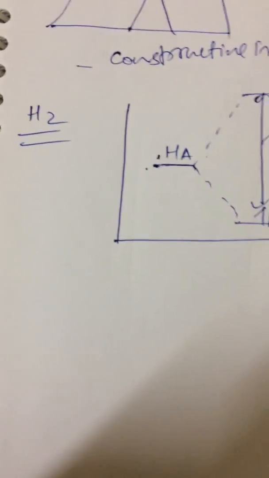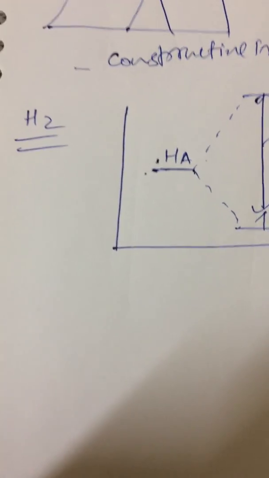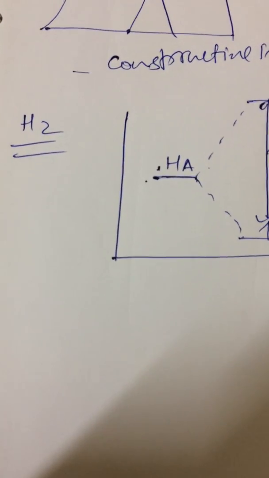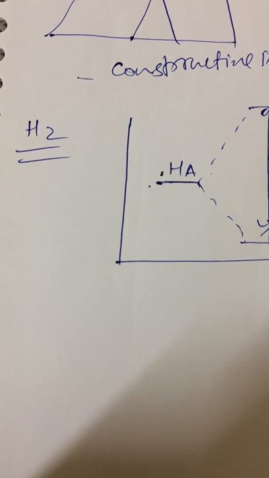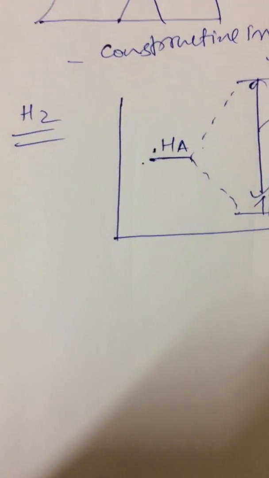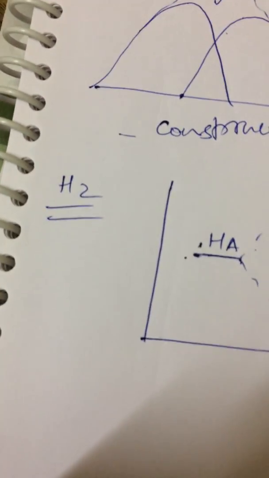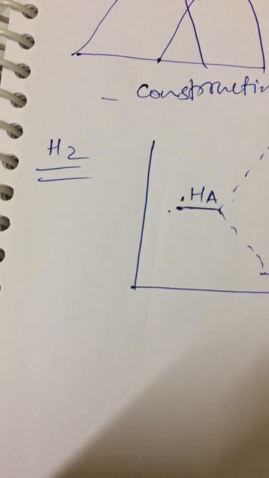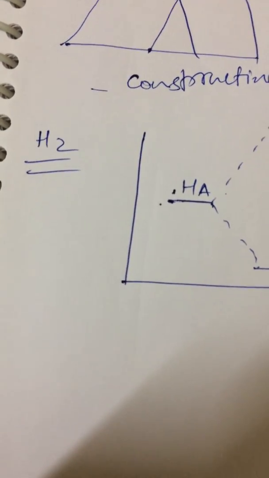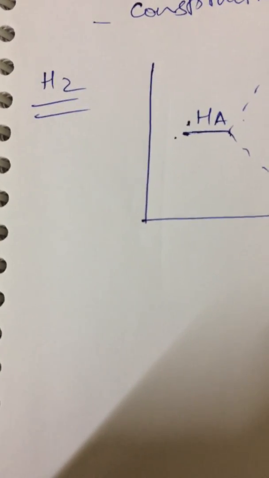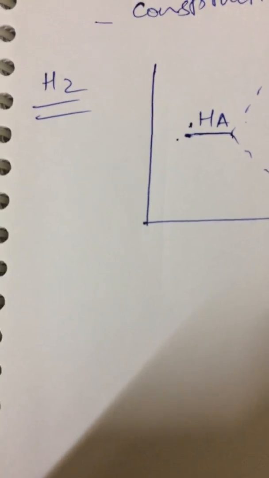Now I will explain why the energy of the bonding orbital is lower than the antibonding orbital. In bonding orbitals, there is more probability of finding electrons in the internuclear region, because they can interact strongly with the nuclei.